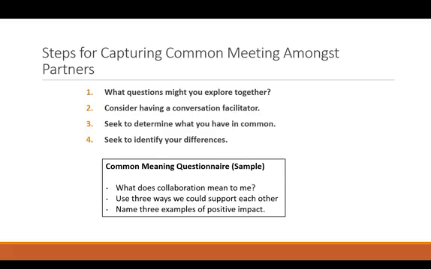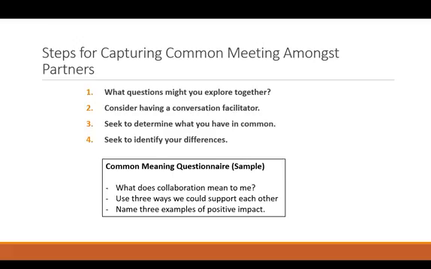Consider 3 ways we could support each other, and name 3 examples of positive impact. You'll want more questions than these, maybe 10 to 12 or 15, and how you might move your needle forward in working together.